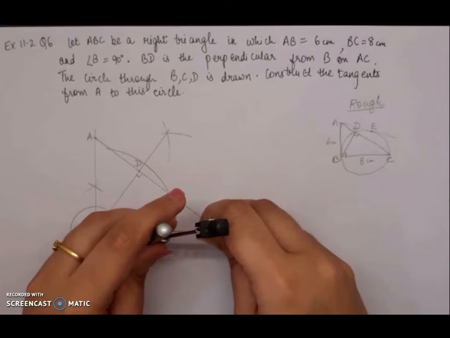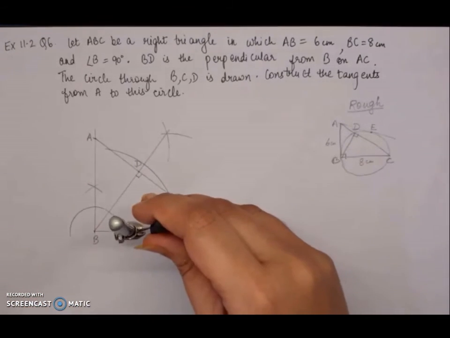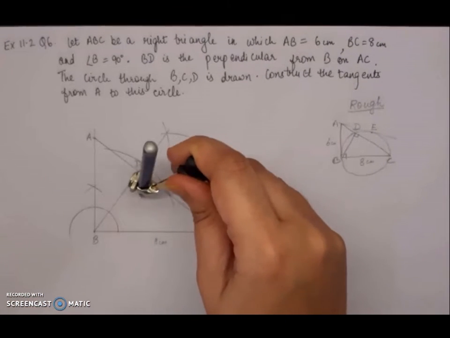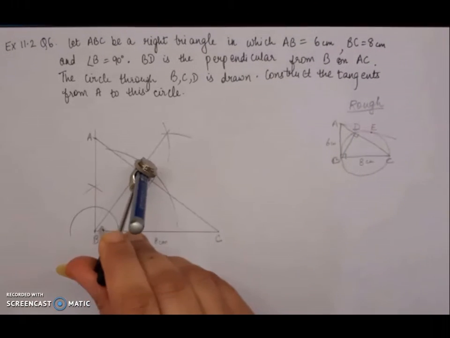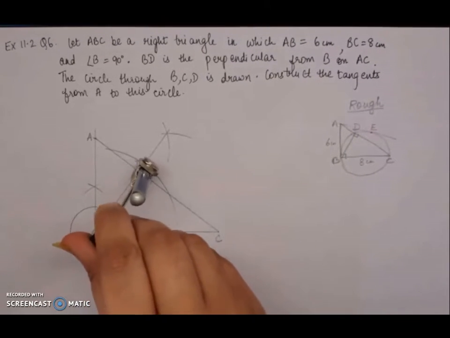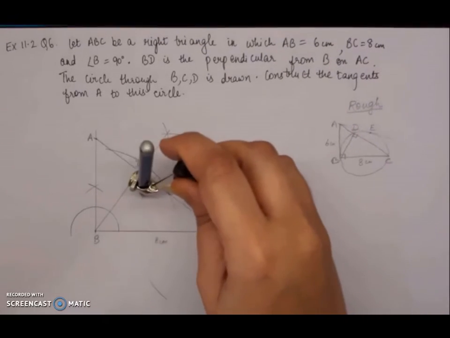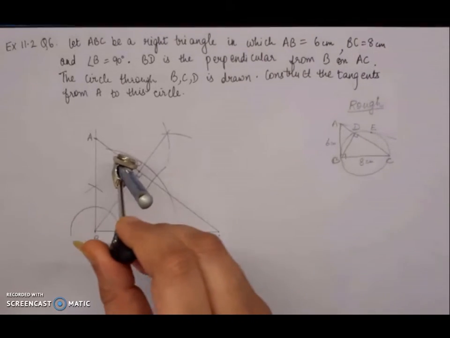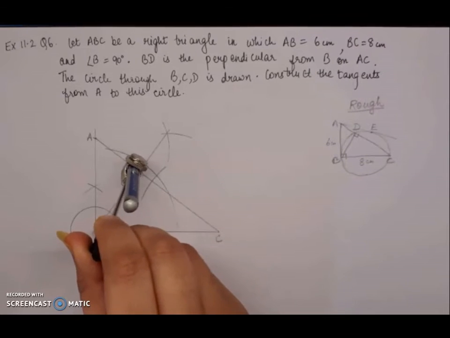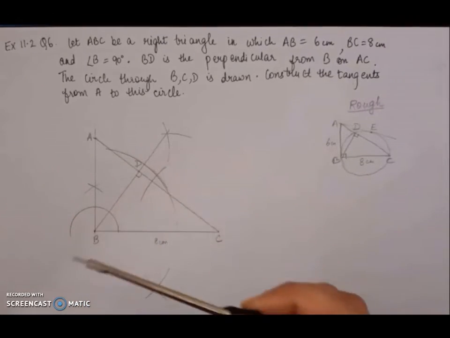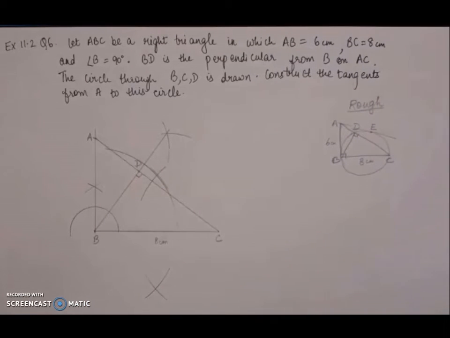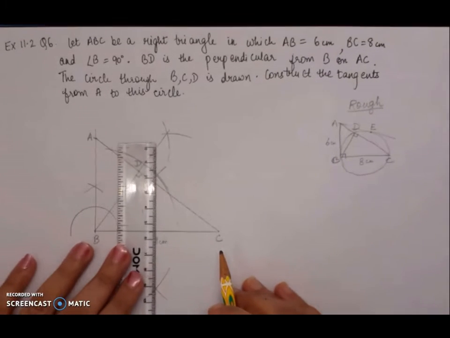After that, we need to construct a circle that will touch these 3 points B, D and C. So for that, we need the center of the circle. Now for obtaining the center of the circle, we will draw a perpendicular bisector of BC. Now why we are drawing perpendicular bisector of BC? Because since angle BDC is 90 degrees, we know that this is an angle in the semicircle.